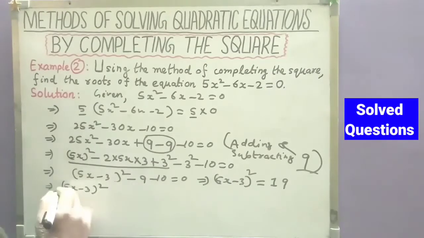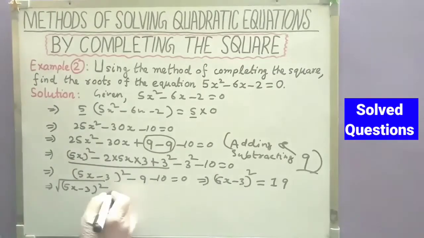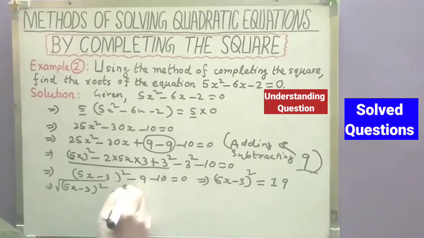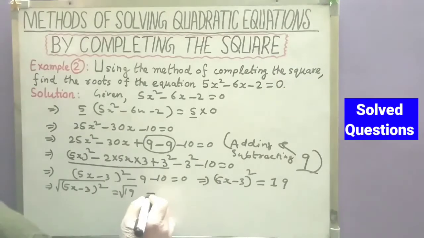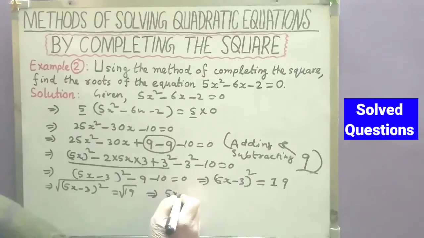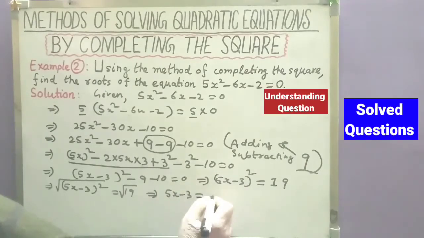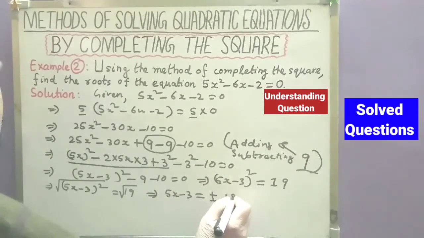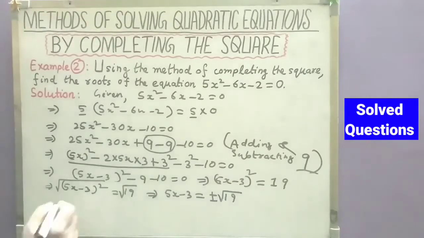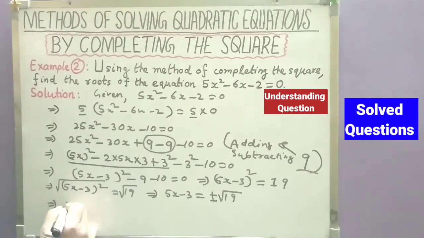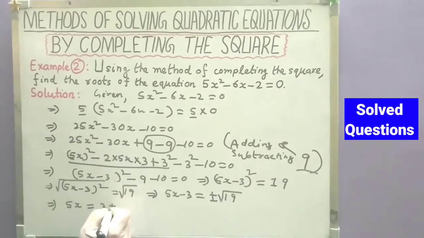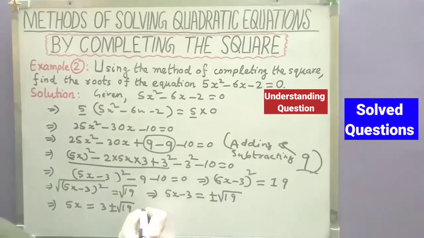Now taking the square root of both sides, we get 5x minus 3 equal to plus minus square root of 19. That implies that 5x equal to 3 plus minus square root of 19.